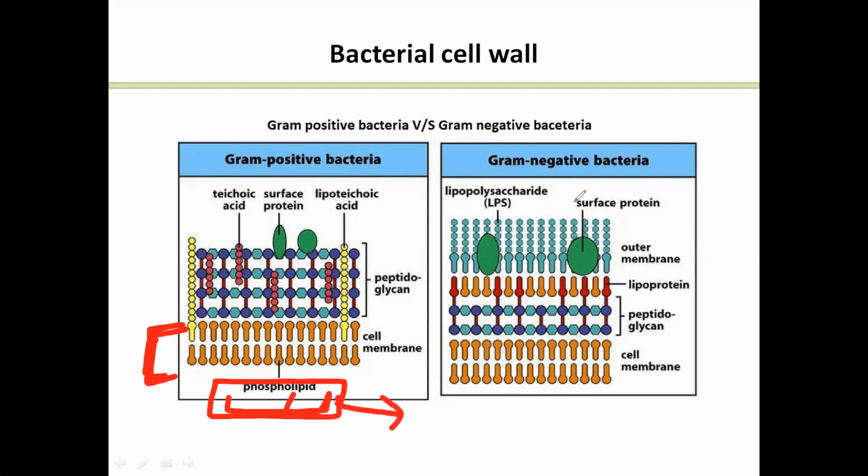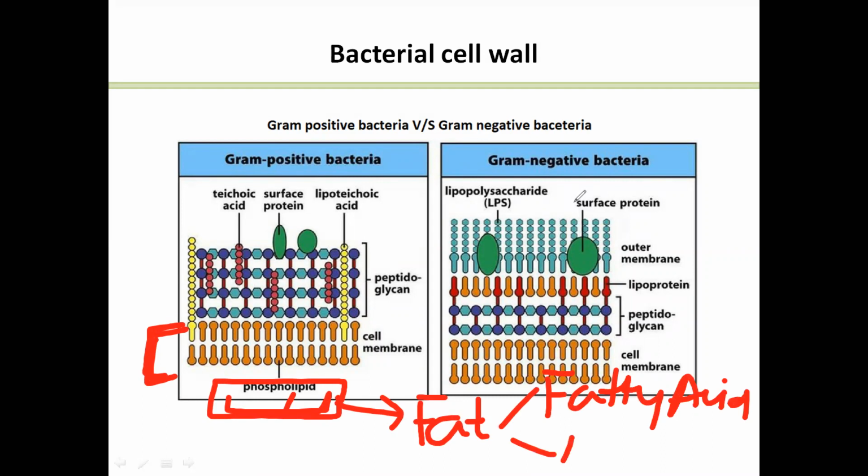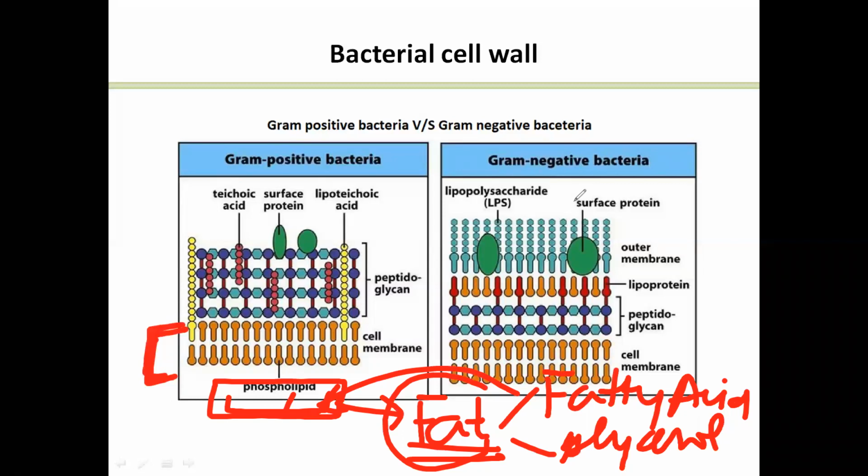Lipid is anything which is mainly a fat, and fat is made up of fatty acids and glycerol. So when fatty acid is attached to the glycerol, it will make fat. And when we have attached this fatty acid with the phosphate group, we will make a phospholipid.